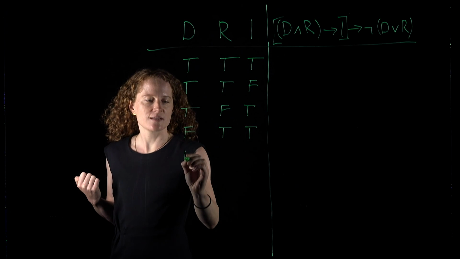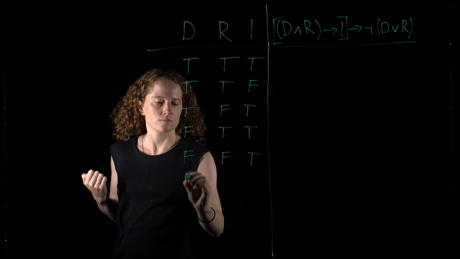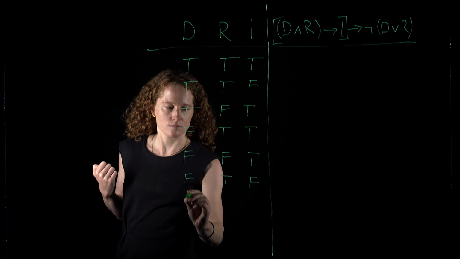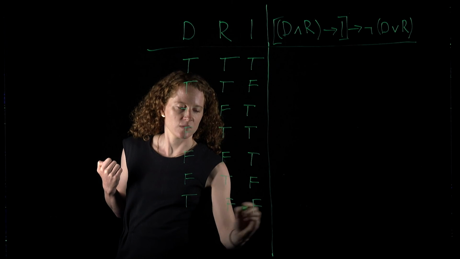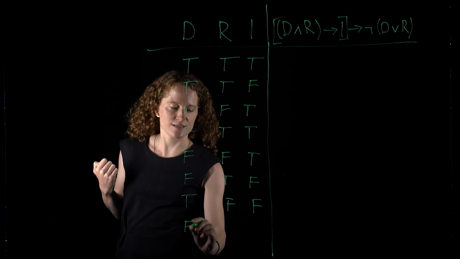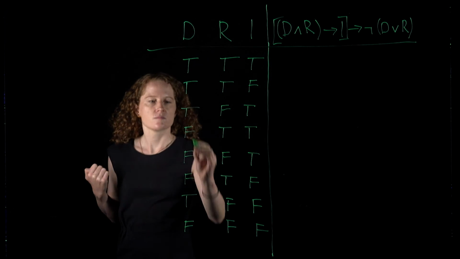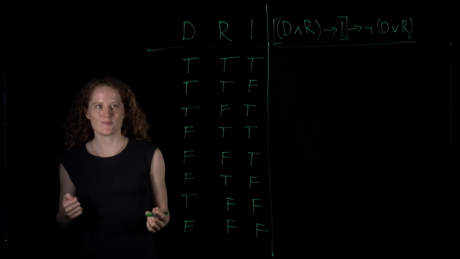Or 2 of the sentences could be false. Or finally, all 3 sentences could be false. 8 possible valuations, 8 rows in my truth table.